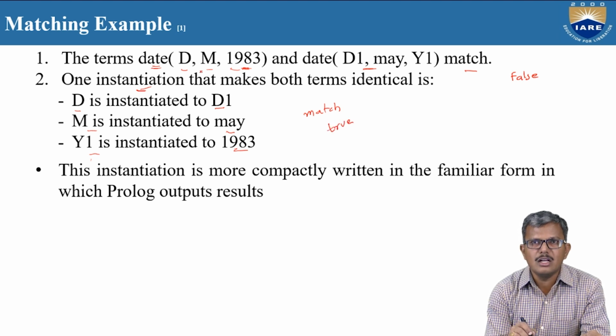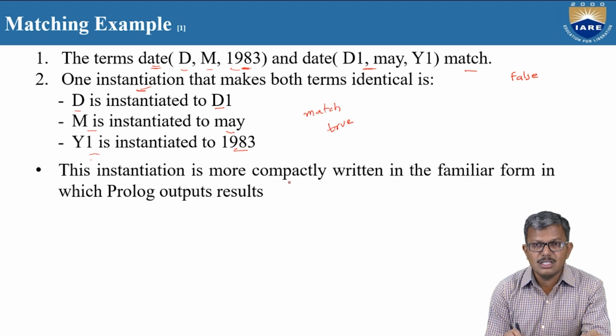Like this, you can do the instantiation individually, one after the other, or you can do the instantiation all together also. So we can say that this instantiation is more compactly written in the familiar form in which Prolog outputs results.